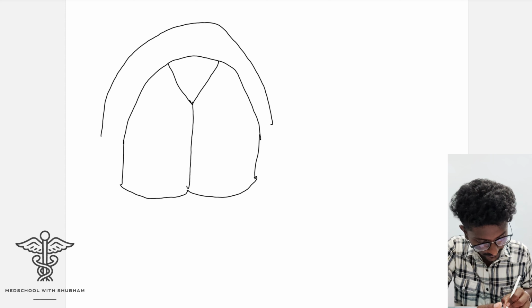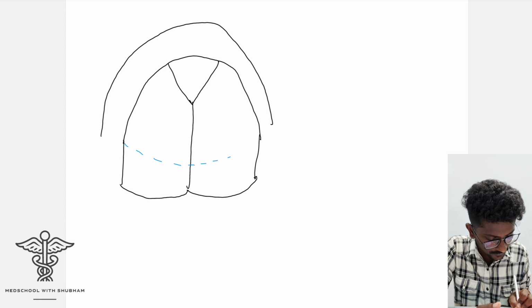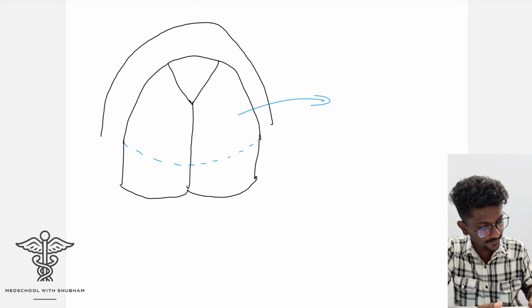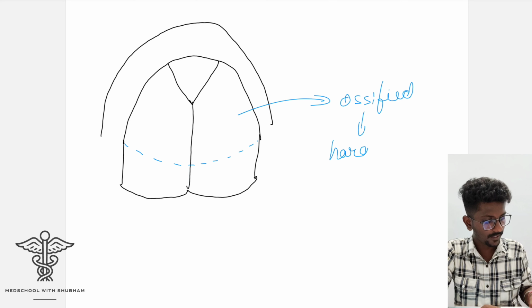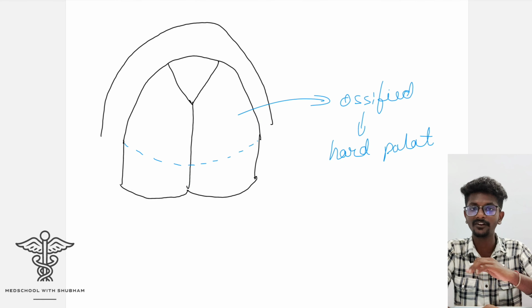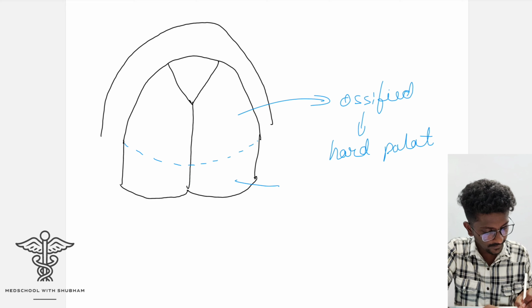Okay, let me write that also. The anterior 2/3 part of this will get ossified, and now it will form the hard palate, and the posterior part will not get ossified, and then it will form the soft palate.